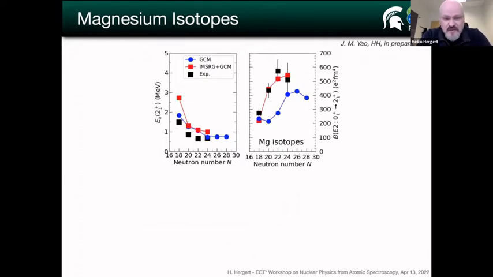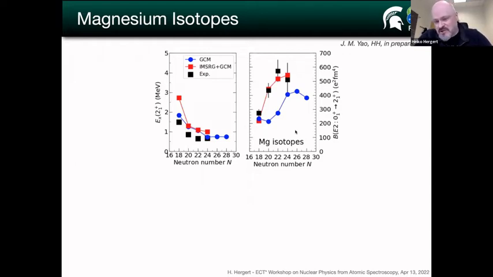The other thing that we looked at here, or what actually originally drove this, was an investigation of the BE2 values. As I mentioned, we had missing collectivity in the valence space IMSRG alone. And if you focus on this right panel here, you are pretty much in agreement with the experimental data.